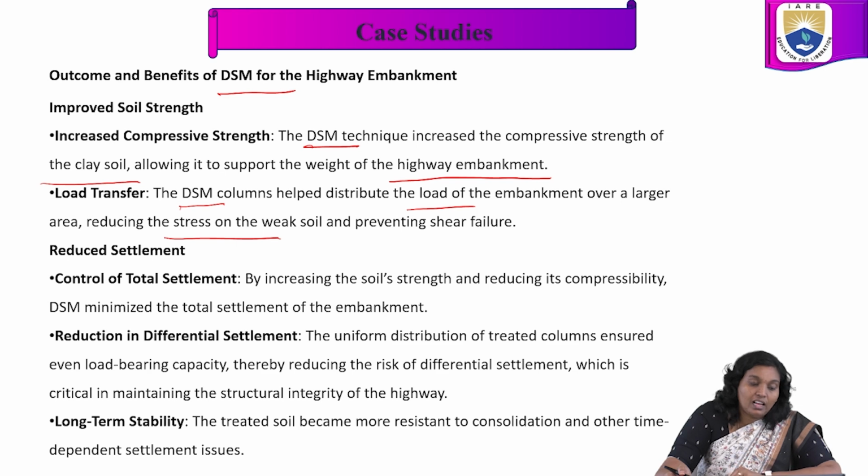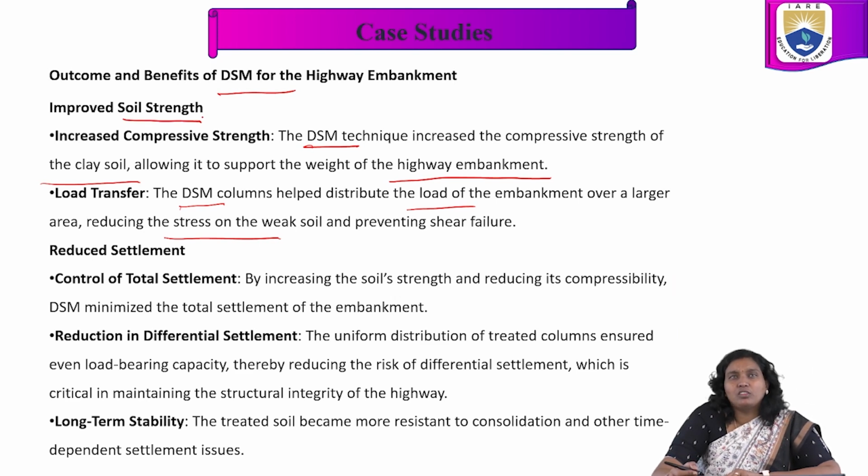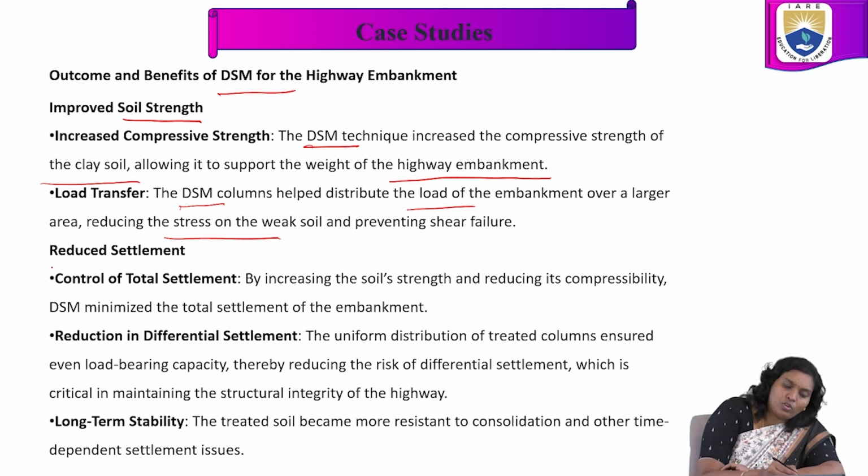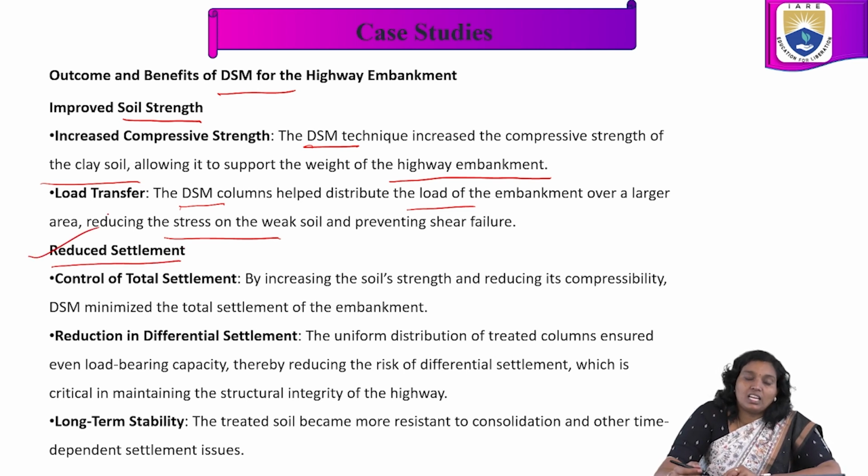These are the things we understand in deep soil mixing from the point of view of soil strength: increased compressive strength and load transfer. One more thing is reduced settlement.